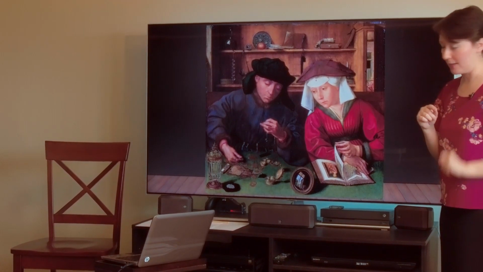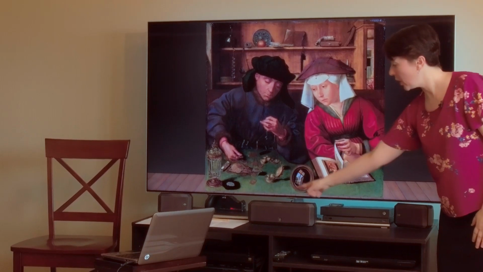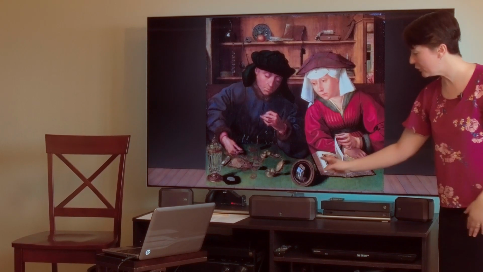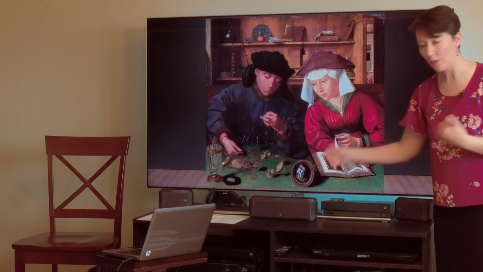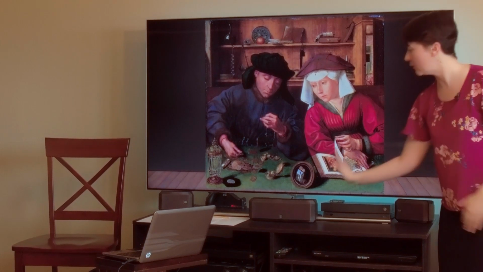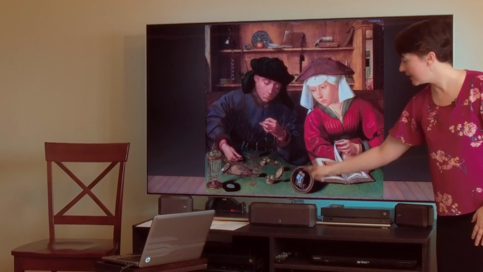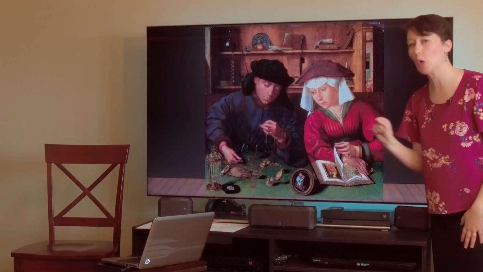And another cool thing, do you notice that there's a convex mirror here? Do you see that? It's a mirror that's reflecting a window that we, the viewer, don't see, the way it's aimed. And what's interesting about this window is that the beams in the window make a cross.